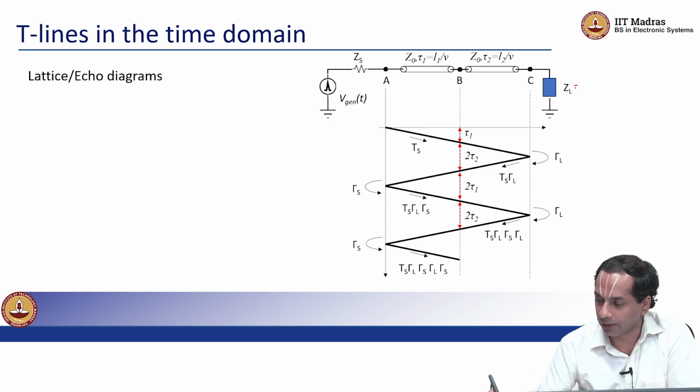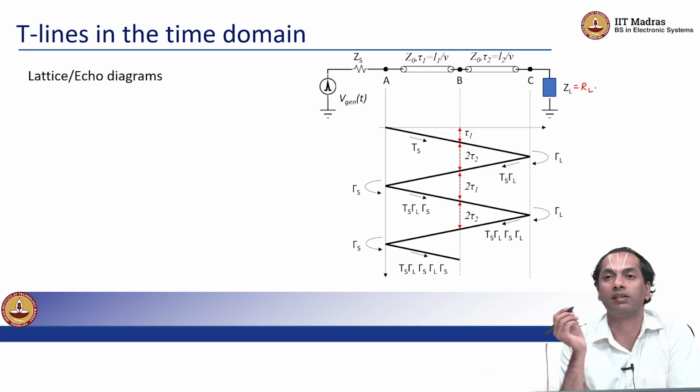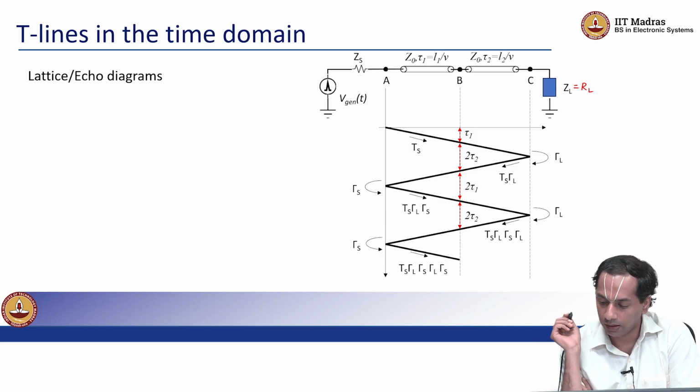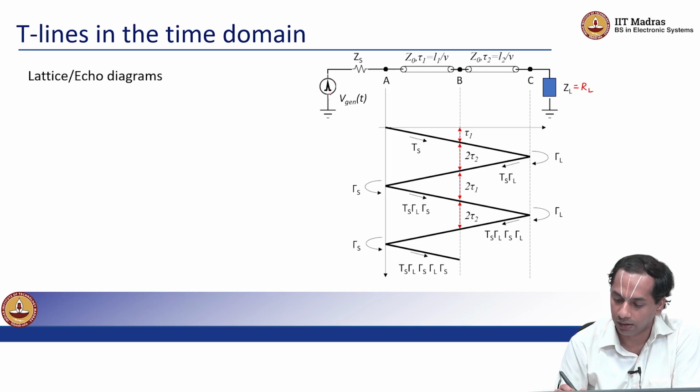Let us just keep it simple and just consider a simple resistive load for now, right. So, let us try to verbalize what the mathematics has told us so far, right.